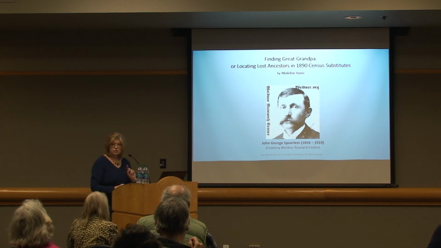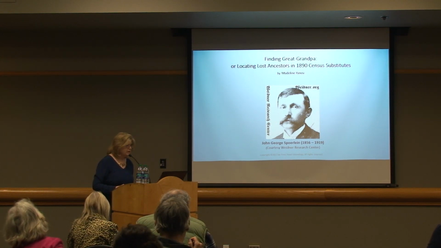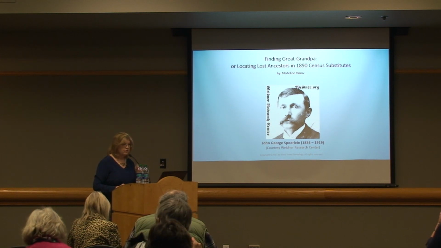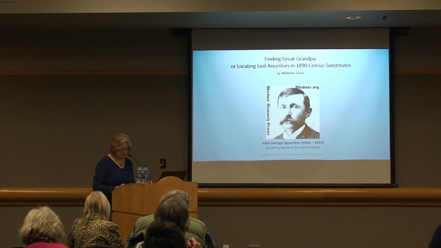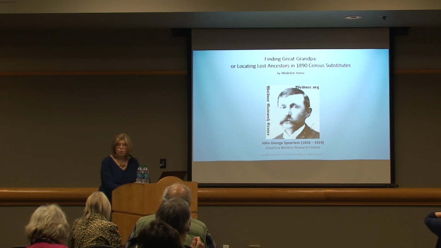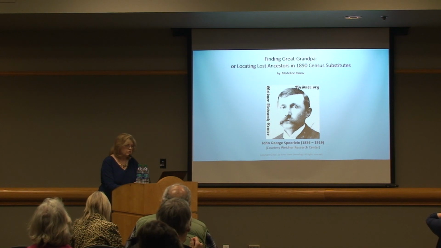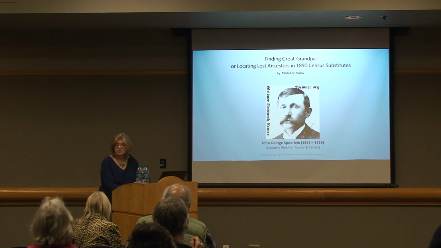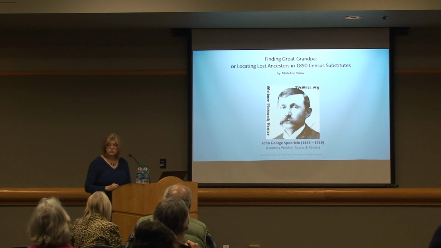We're going to find out what questions were asked in the 1890 census, and that will then give us clues as to where to go to look for the answers. The important thing to remember is not one record is going to give you the same information that you find in the census. You're going to have to search multiple records, multiple sources to get multiple information.